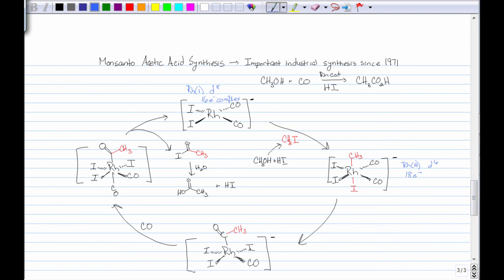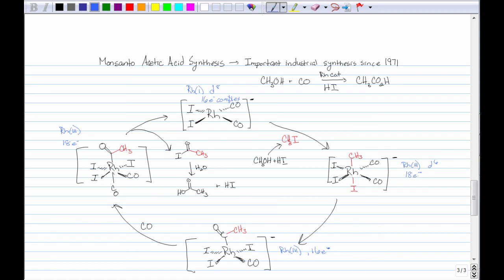The complex at the bottom of my cycle is again a rhodium-3, and it is a 16 electron complex. And my last metal complex here is again a rhodium-3, and it is an 18 electron complex. So you should have calculated those things already in one of your homework assignments.